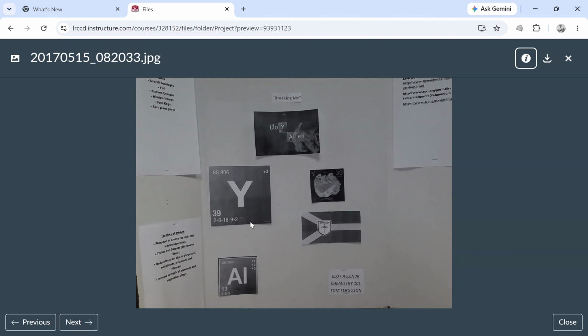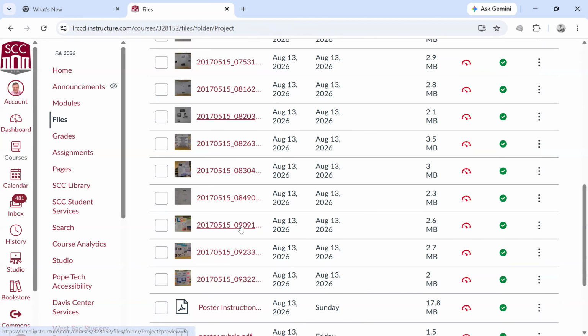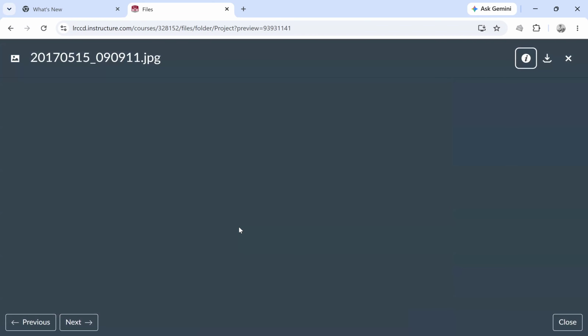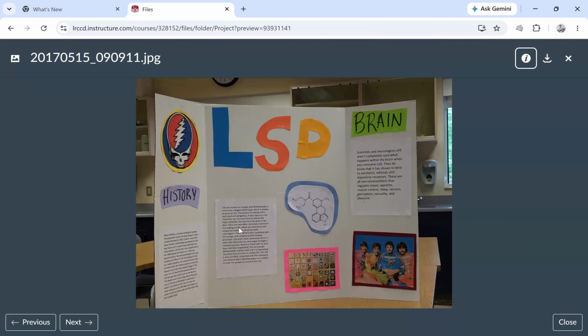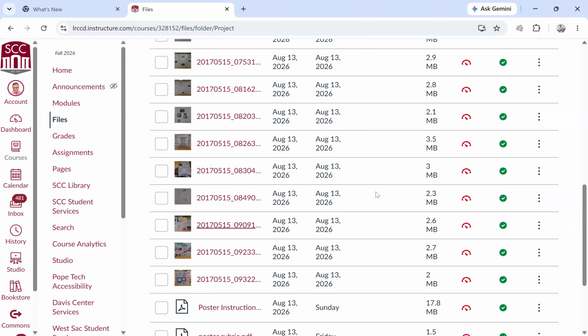I'm not sure what that is. Anyway, and then the essay is going to be a 1,000-word essay. It's not very long, and you're going to have a poster that goes with it.